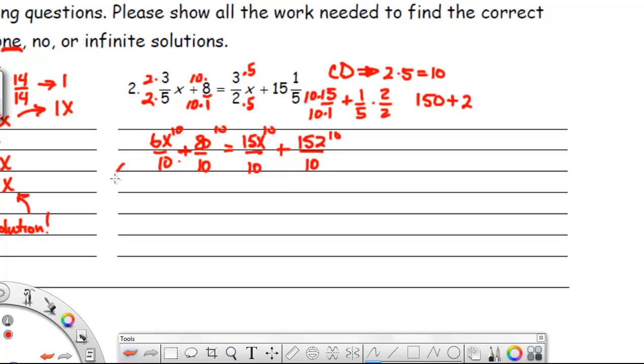So what I end up with is 6x plus 80 equals 15x plus 152.